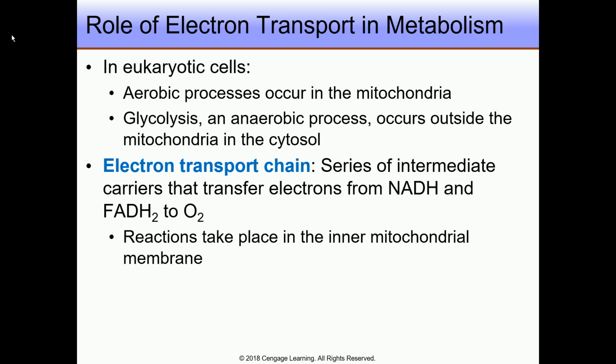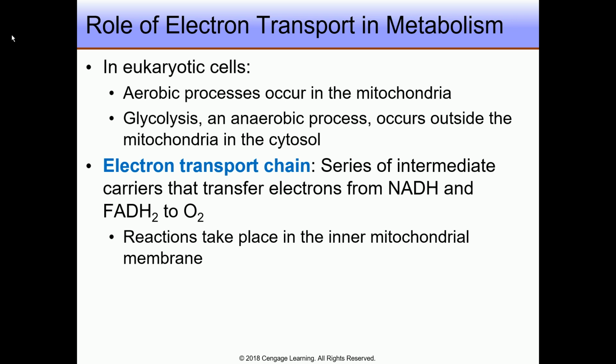And on the way, when these electrons flow through these special proteins, which we are going to discuss also, some of the protons are pumped into the intermembrane space, which results in a higher concentration of protons in the intermembrane space of the mitochondria, and this results in the formation of a proton gradient.